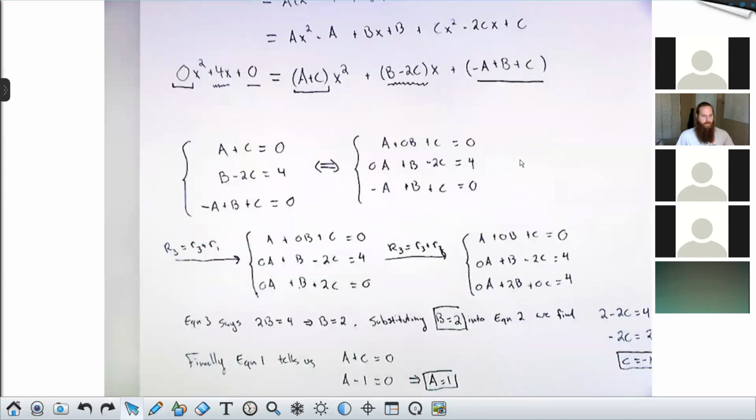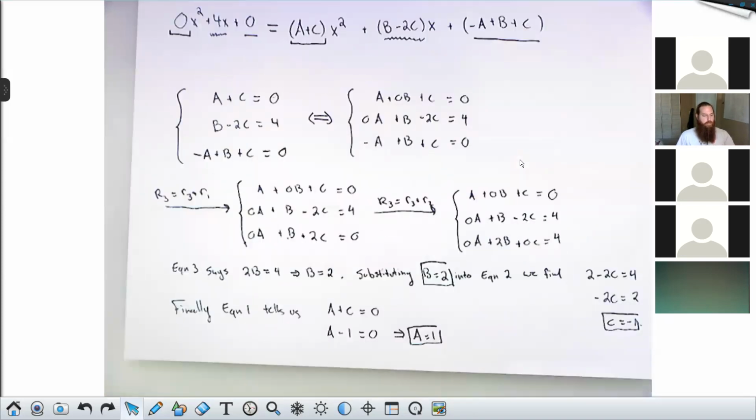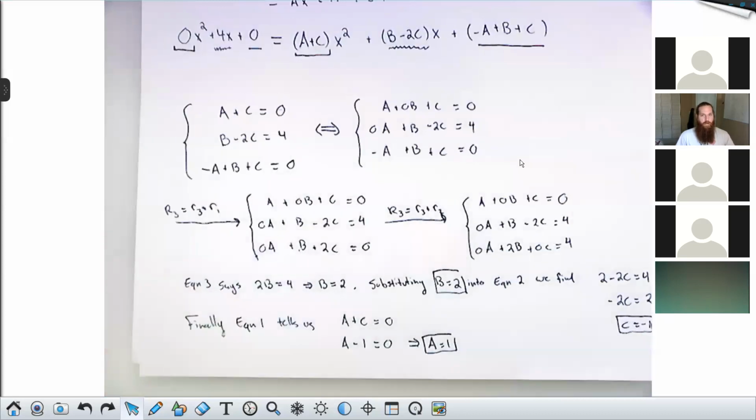Just go back into your pre-calc or wherever you first learned how to solve linear systems and remind yourself how to solve a system of equations like this. Whatever method you're most comfortable with, I'm fine with you using. If you never learned a good method for solving these, then I recommend doing it this way. As far as I know, this is the fastest, most standard, and most consistently reliable way to solve systems of equations like these.